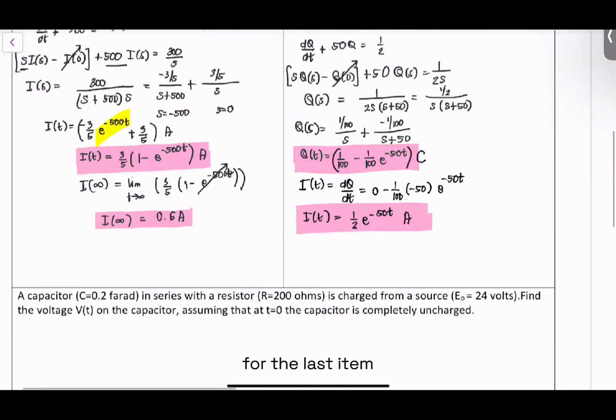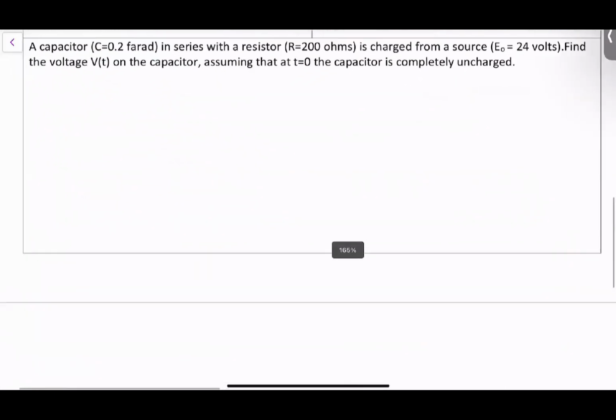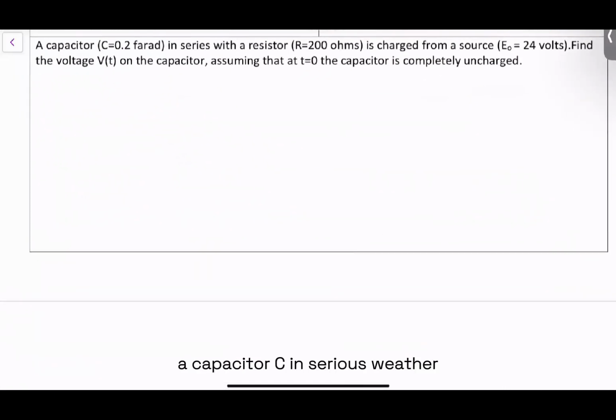For the last item, a capacitor C in series with a resistor R is charged from a source. Find the voltage V of t in the capacitor, assuming that at t equal to 0, the capacitor is completely uncharged.